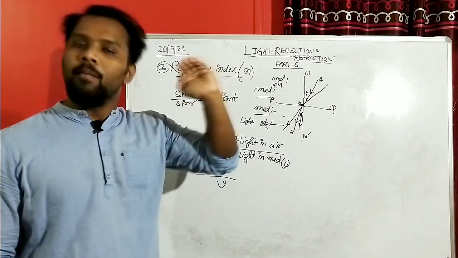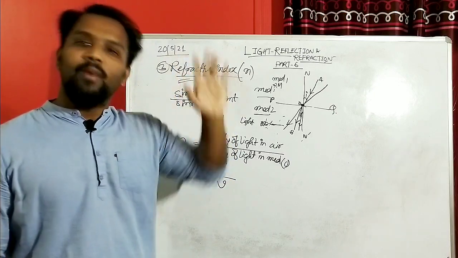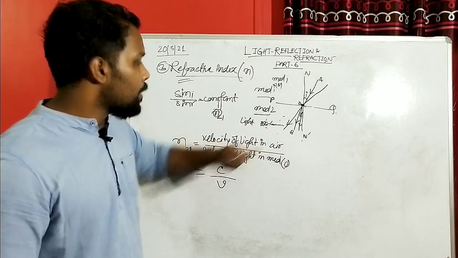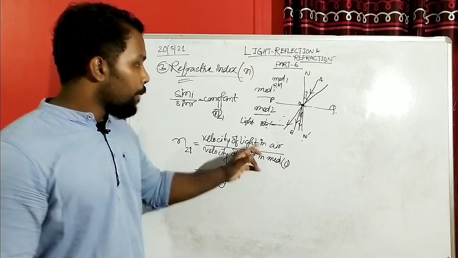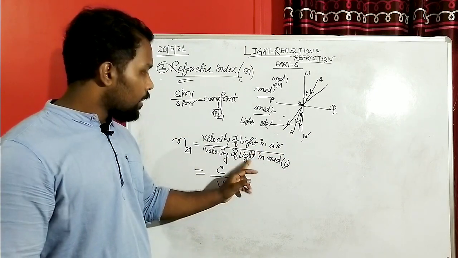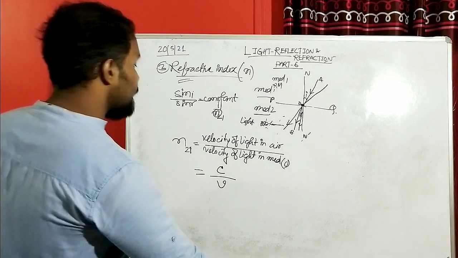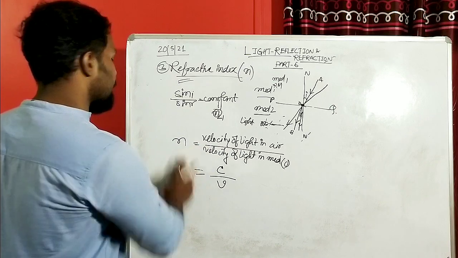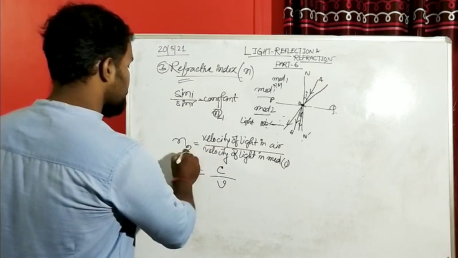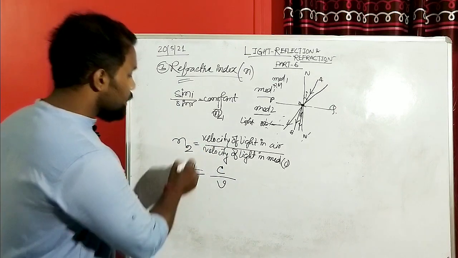This is a maximum point. Nothing can move faster than light, so it has the maximum value. Depending on this, we calculate the refractive index of medium 2. That refractive index is always represented by n2, that is, of the medium whose refractive index we need.